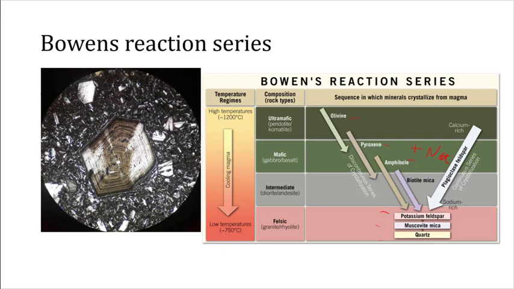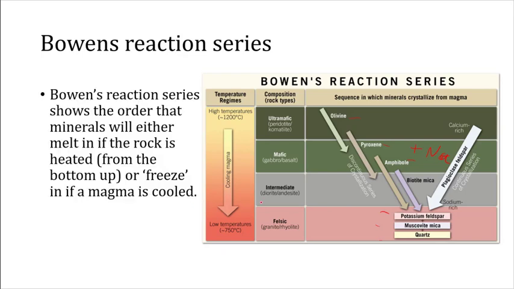Let me go back because I want to get my words back so you can see them. This is so important because Bowen's reaction series explains so many things. First of all, up here, the olivine, the pyroxene, the amphibole, and the more calcium-rich feldspar tend to make rocks that are mafic to ultramafic in composition.